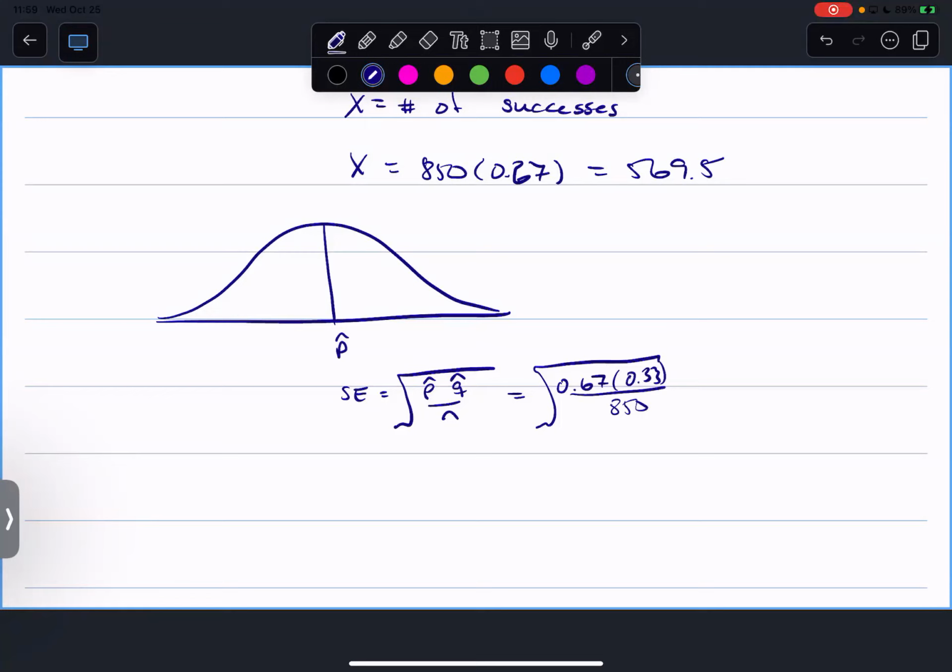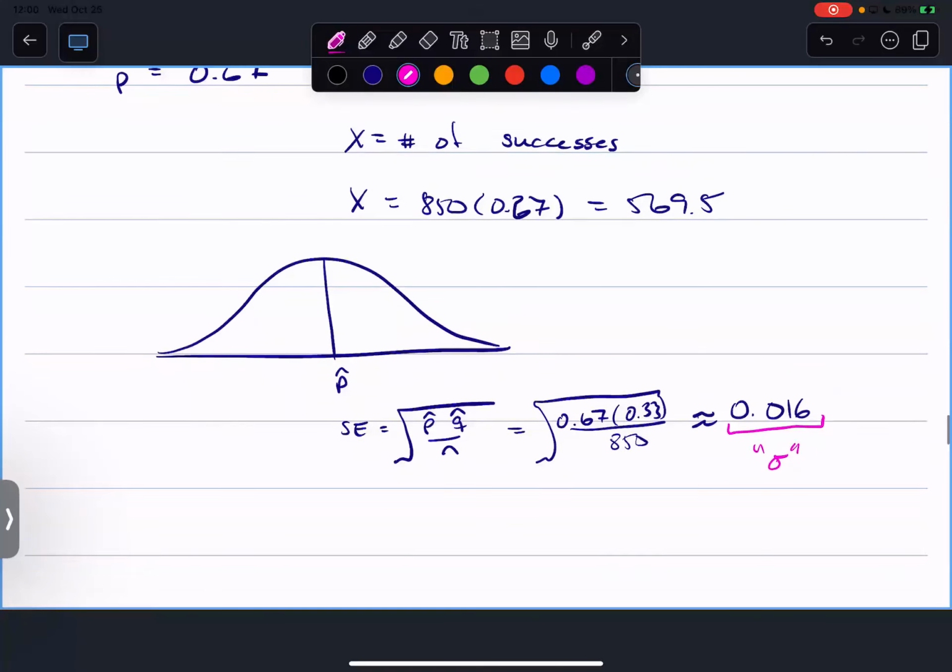If I do that, I get roughly 0.016128. That's going to take the place of the standard deviation from before. You can think of this, with quotes around it, as the standard error now. It's a new term, but it behaves like the standard deviation.